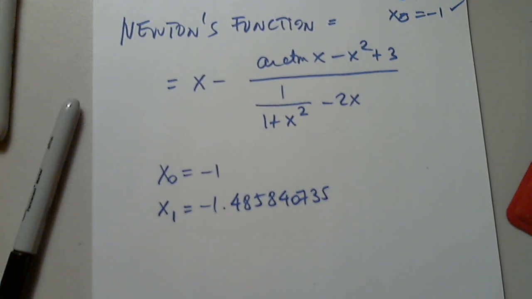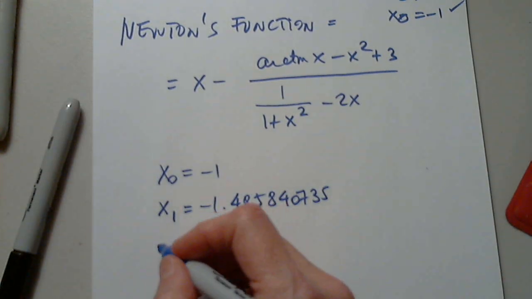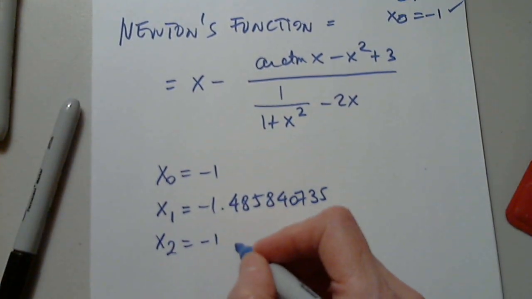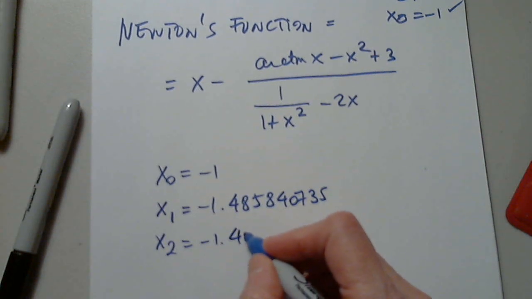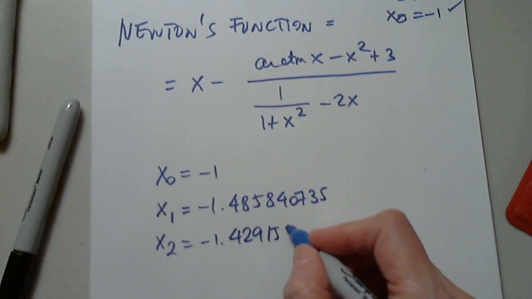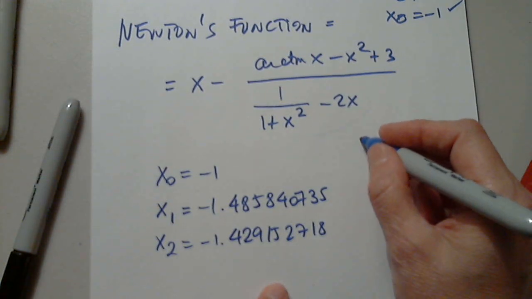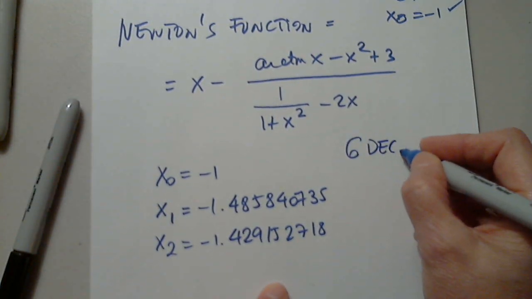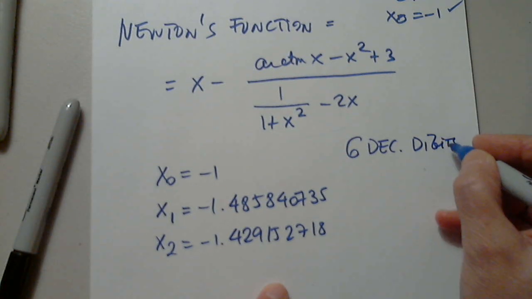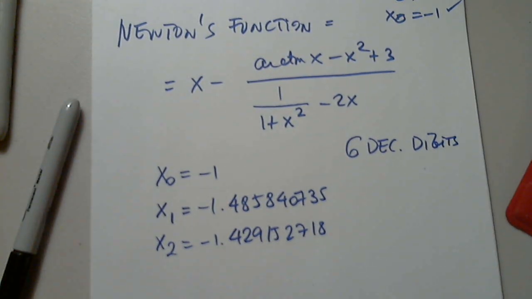So when I click enter, what is this new answer that I'm getting? It's closer to the solution. This is exactly x sub 2. Let's say we want to stop at 6 decimal digits. So we're not there yet.